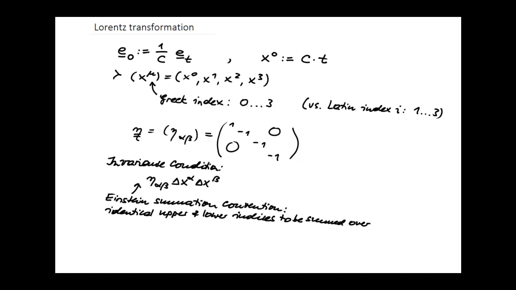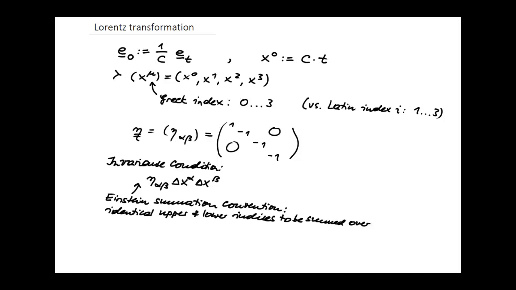So in this expression we have in the eta a lower index alpha, and attached to the first delta x there's an upper index alpha. So we have an identical upper and lower index, and the summation convention says that then we have to sum over alpha automatically, and we don't have to write the sum sign.